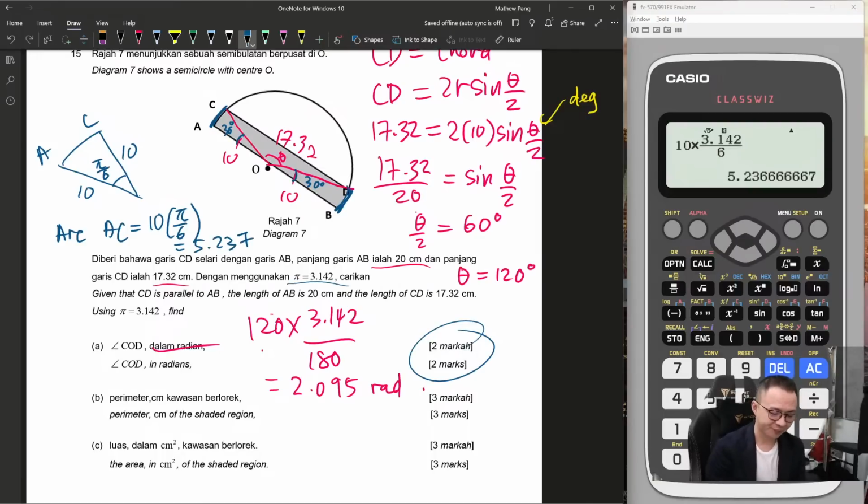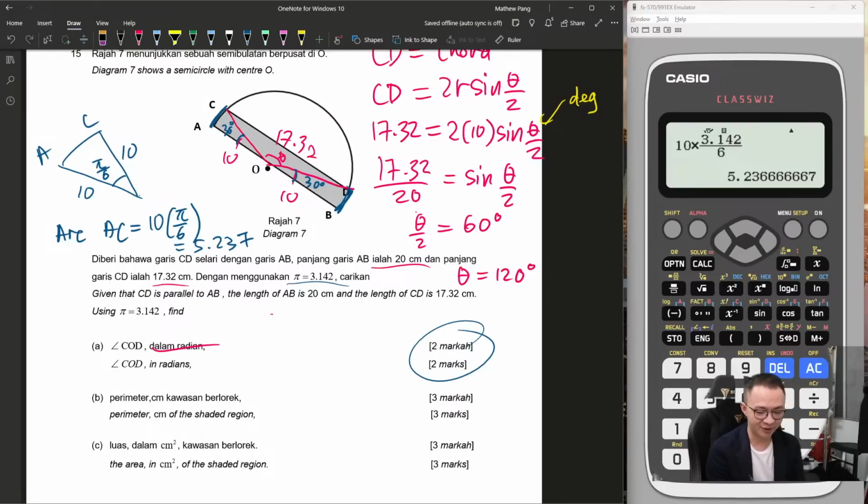Okay, so right now we can get the perimeter. Oops, I shouldn't erase this one. What's the answer just now? I believe theta is 2.095, right?